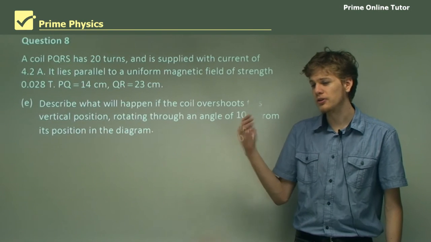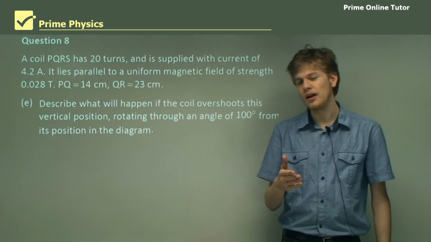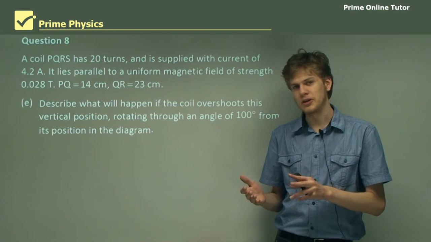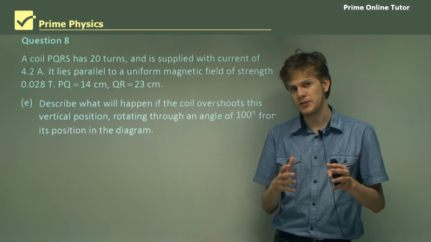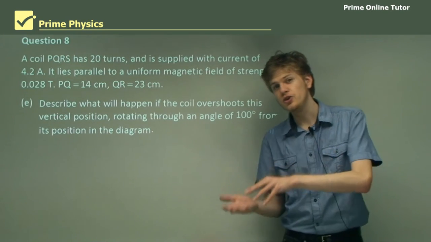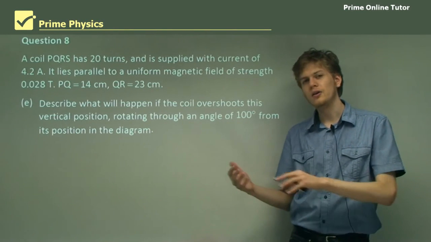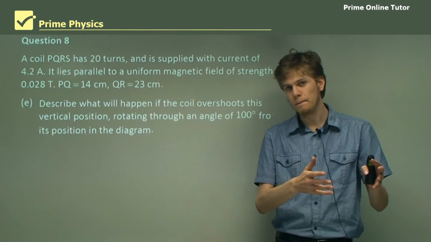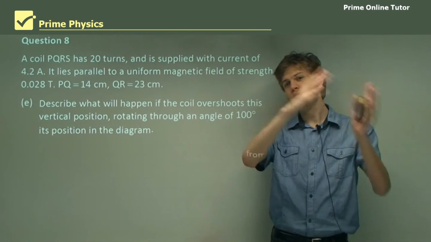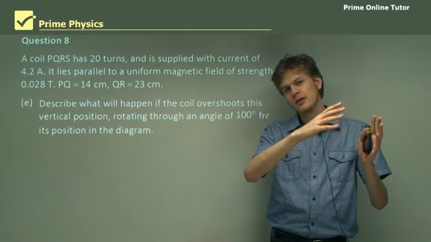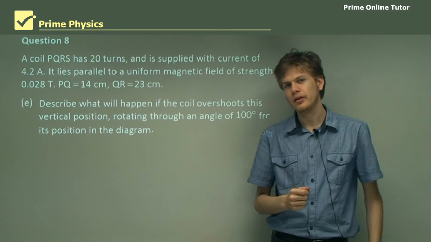Well, we still have a current, and it's still going in the same direction, and the magnetic field is still going in the same direction. So the direction of the force cannot change. That is, PQ is still being pulled down, and RS is still being pulled up toward you, right? So that means that even if we overshoot our position, the coil is still being pulled towards that vertical alignment.